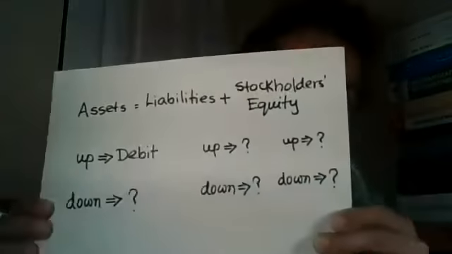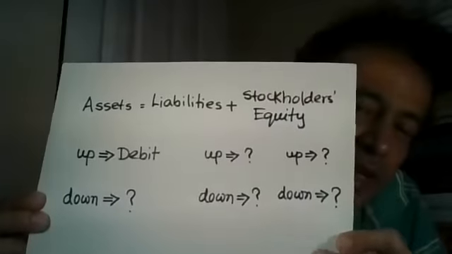So what was the rule for assets? For assets, we saw that asset going up was debit, asset going down should be credit. Therefore, just apply the opposite rule for liabilities and equity. Liability going up would be credit, and going down should therefore be debit. And likewise, equity going up should be credit, and equity going down should be debit. So there we go. That's our accounting equation, and those are the golden rules of debits and credits.